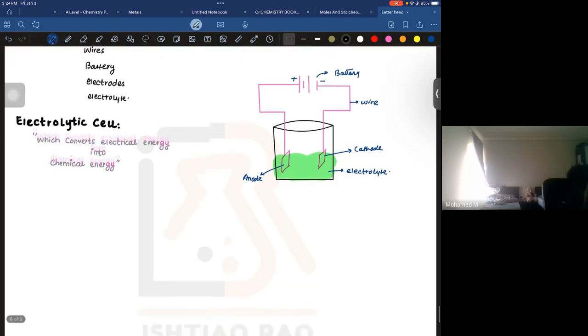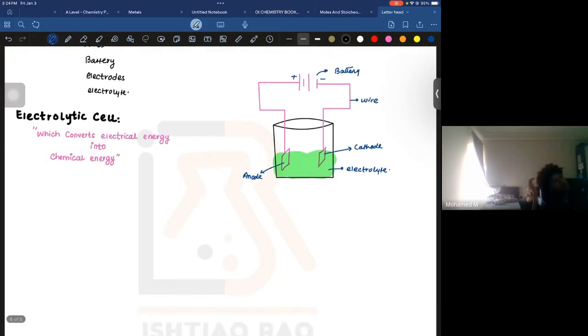And what is an electrolyte? In this case, the electrolyte is sodium chloride or it may be water.